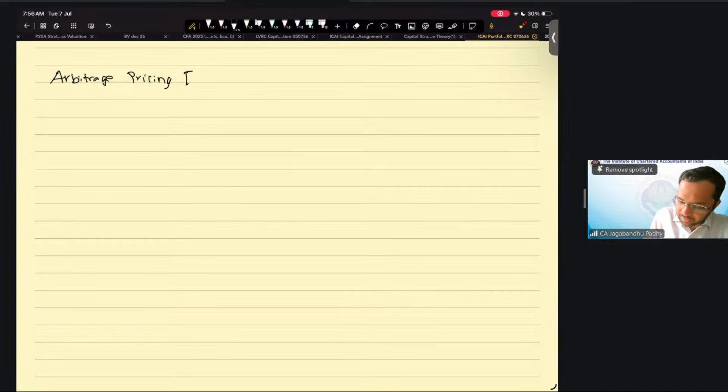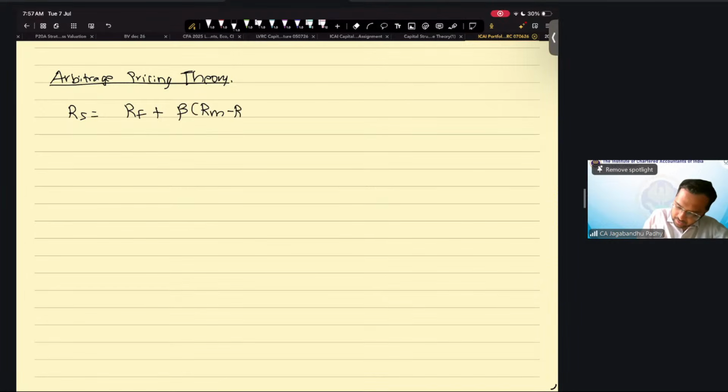Arbitrage pricing theory is an advancement over the capital asset pricing model, because CAPM is telling us that the return of security should be RF plus beta into RM minus RF.